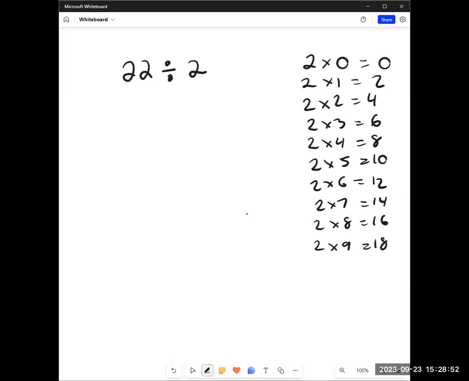Each of these I'm adding 2. 2 times 10 is 20. 2 times 11 is going to give me 22. So my answer here is 11.